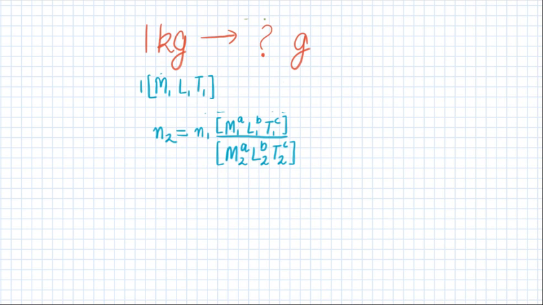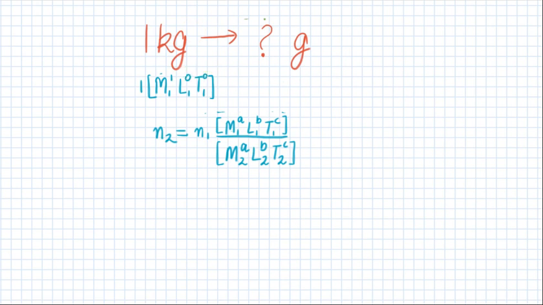If you want to write this kg in terms of dimensions, you first write M1, L1, T1. This kg is a unit for mass, and how much is the power? 1. So the mass will have power 1, and the rest of the terms will have power 0.